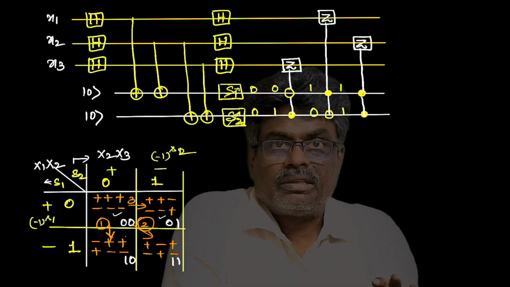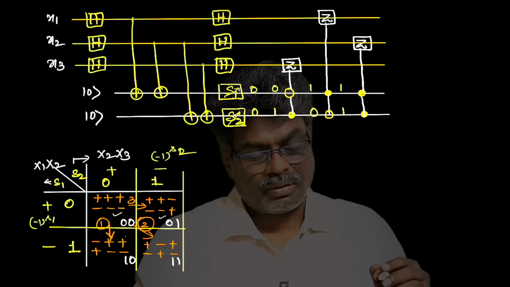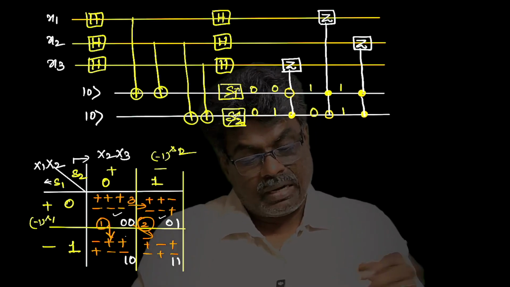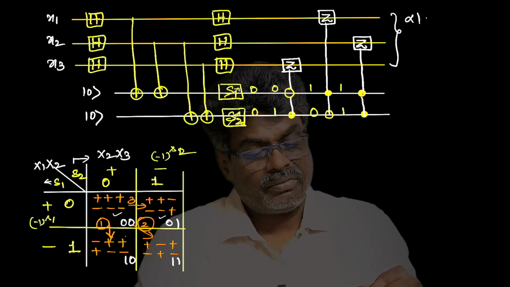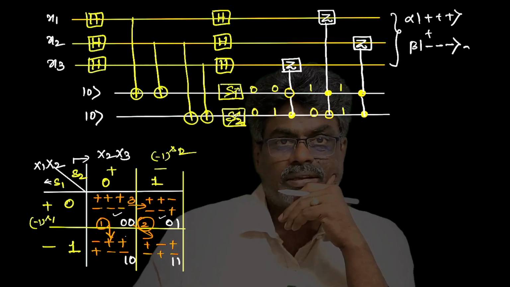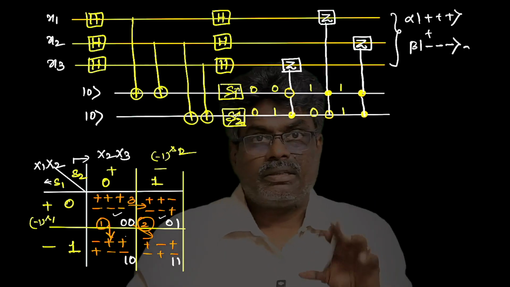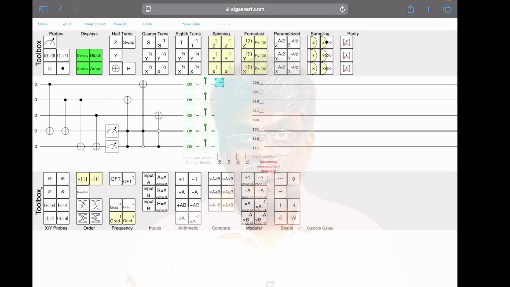Now let us see the simulator. I hope you understand. After this, if you see here, it will become alpha plus plus plus plus beta minus minus minus, the initial state. Now let us see in the simulator how it works.